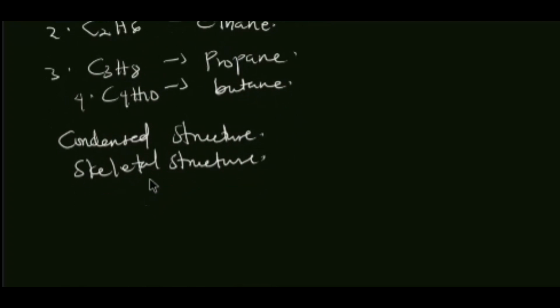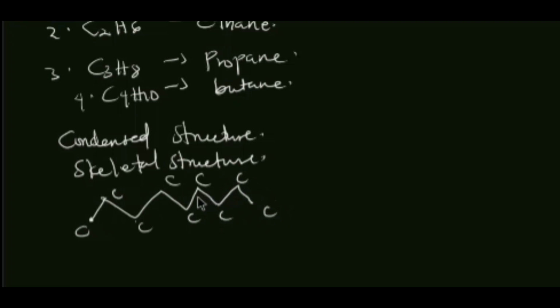So the C2H6, the C3H8 is what we call the condensed structure. And the skeletal structure, we use just this to represent our alkanes or our hydrocarbons, where each point is a carbon C.